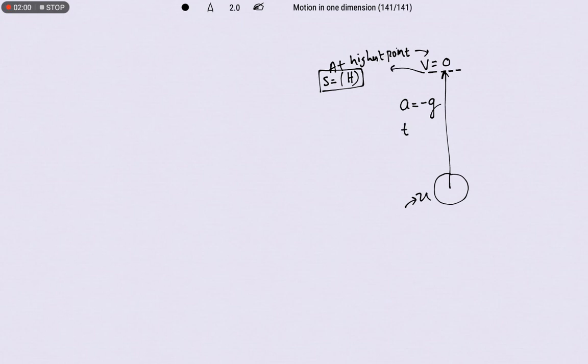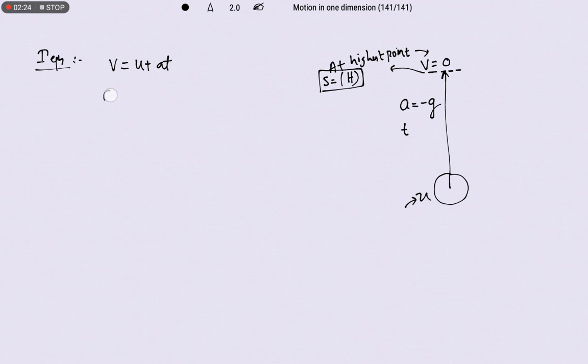Now let us apply the equations of motion for this vertically projected upwards body. Let us apply the first equation of motion. What is the first equation of motion? v equals u plus at. In the case of a vertically projected upwards body, what is its final velocity?